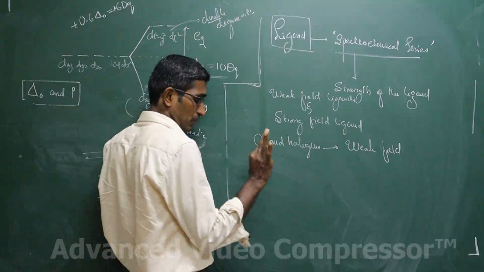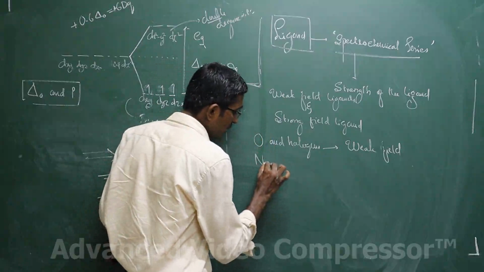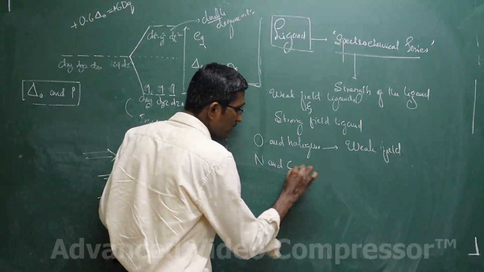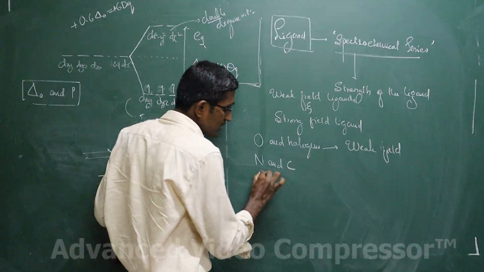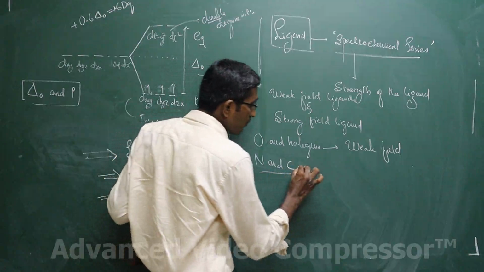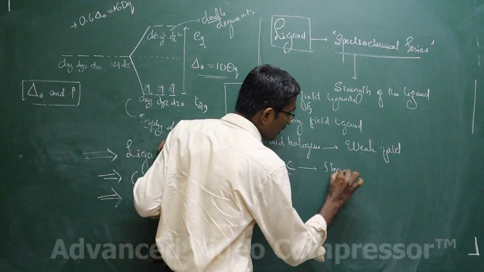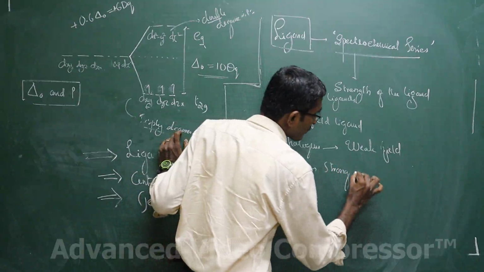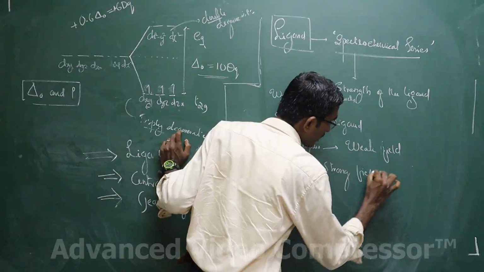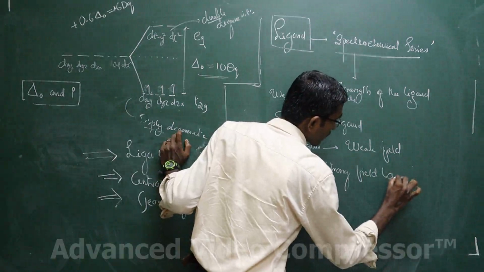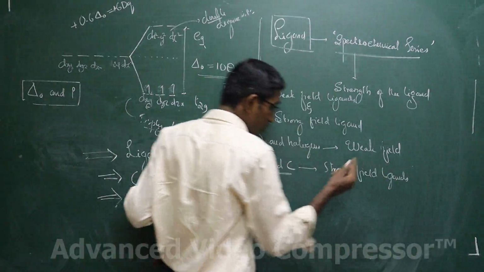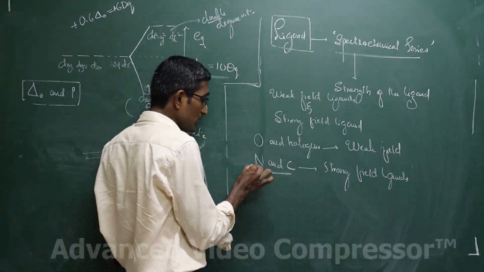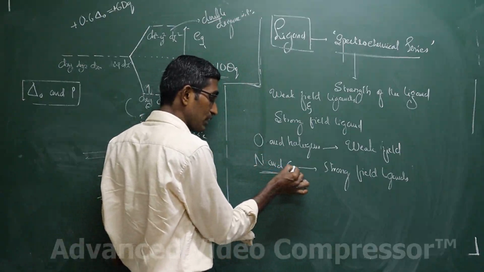Very simple one. Whenever nitrogen and carbon are involved, remember they are strong field ligands. This is a simple clue for you. In specific, nitrogen and carbon give strong field ligands.